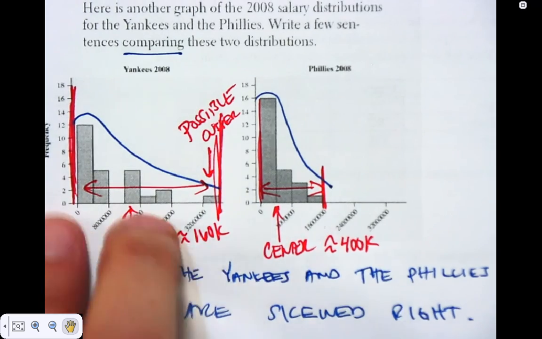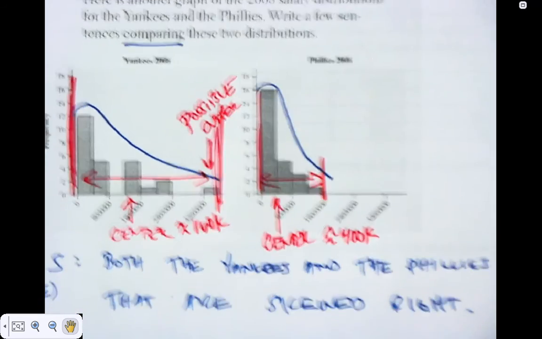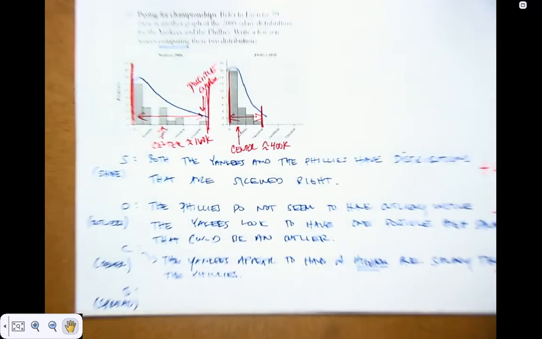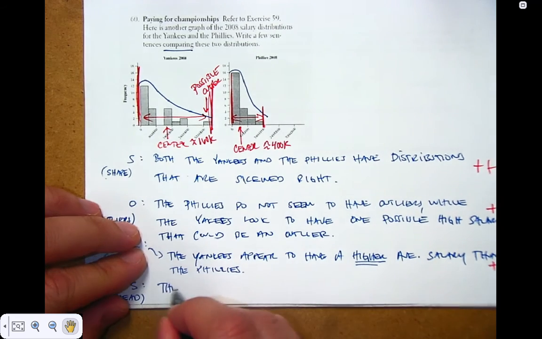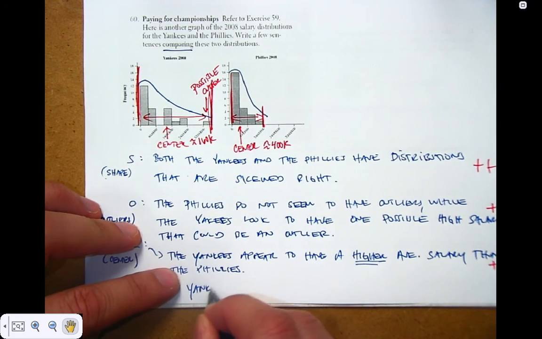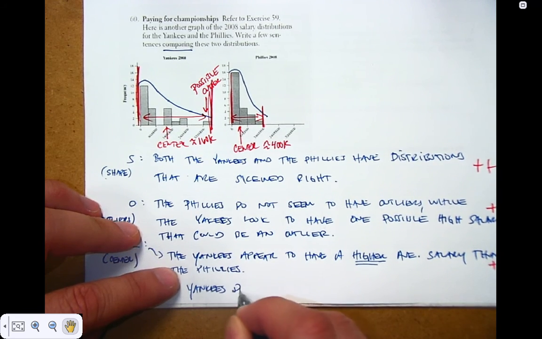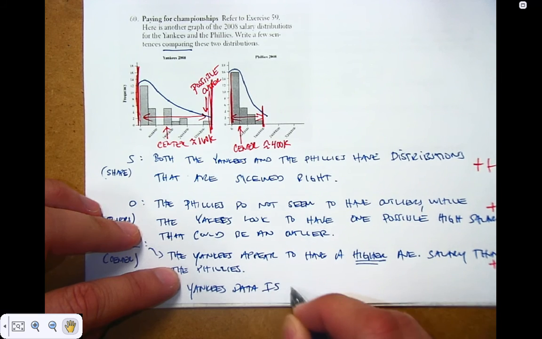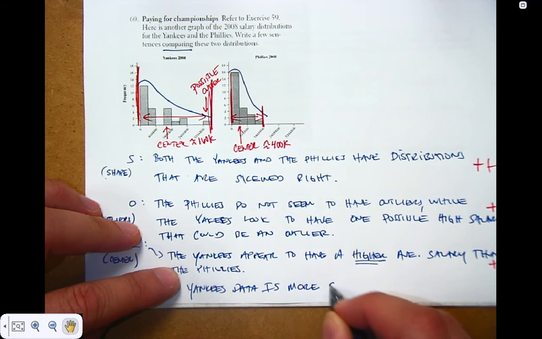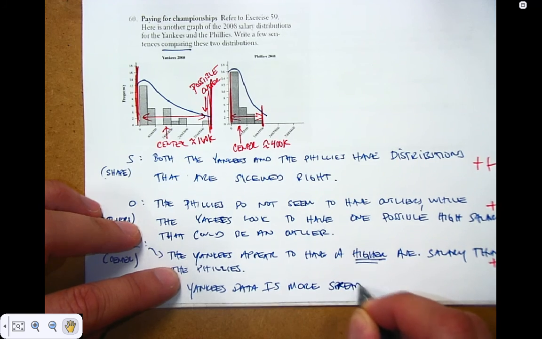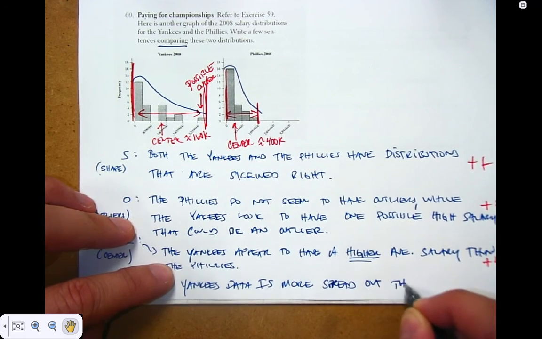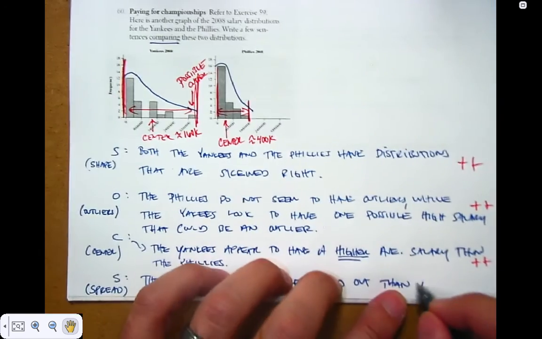Well, which one spread out more? The Yankees. And just say that. That's a comparison statement. The Yankees data is more spread out than the Phillies.